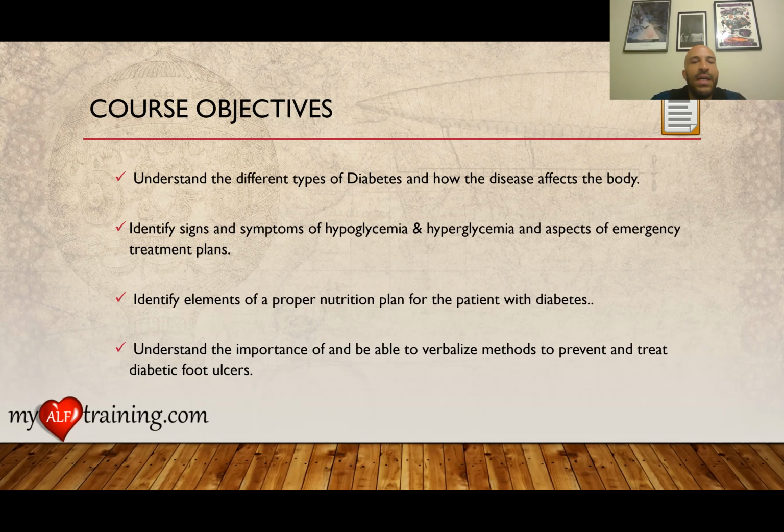Third objective, identify elements of a proper nutrition plan for the patient with diabetes. We talked about the different types of foods, making smarter choices. We talked about the levels of eating healthy, eating unhealthy, eating healthy, and then healthy eating for the diabetic. I showed you guys better selections for fruits, for snacks, to help them with their choices.